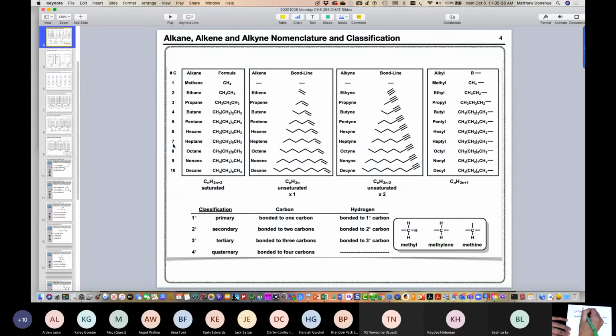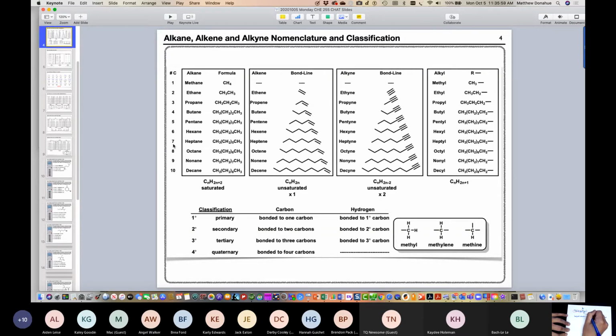So 1, 2, 3, 4, 5, 6, 7. Again, the 7 tells you it's a C7 chain. Heptane, we see there's a pi bond, so it's a heptene. The 3 is telling you it starts at position 3. 3-heptene.